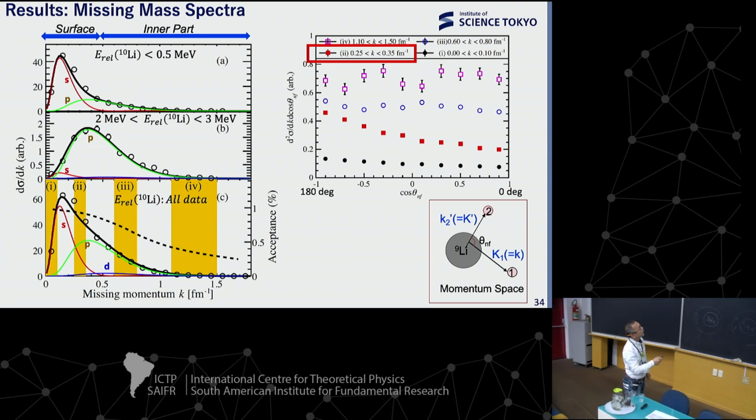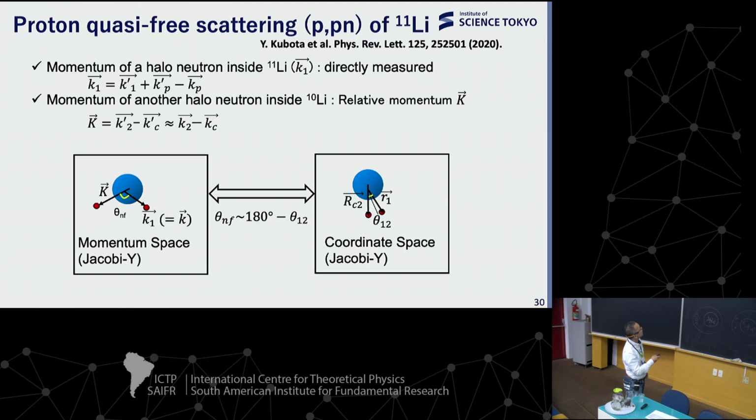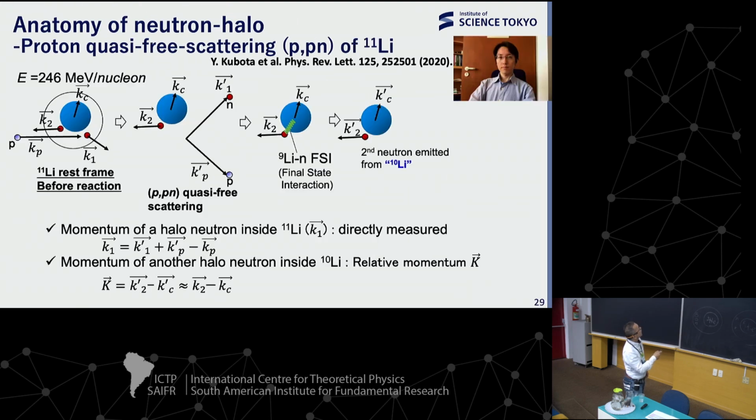This is the relative. And the missing momentum gives you what? The momentum of the second neutron? No, this is the first neutron. So if you look at this one, it's not clear yet. So the first neutron is this missing momentum.